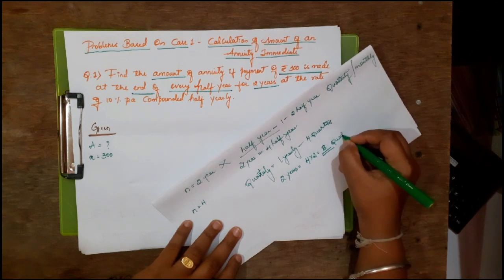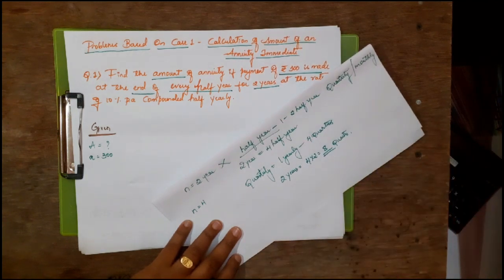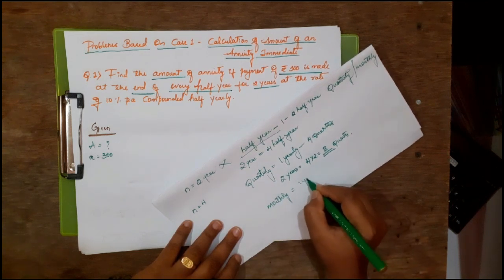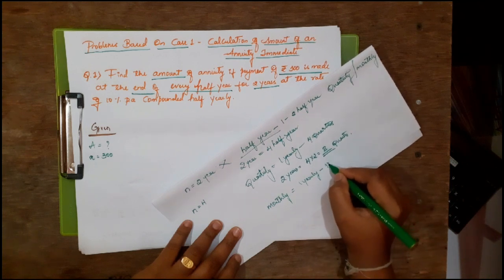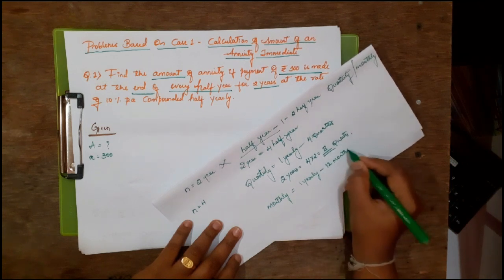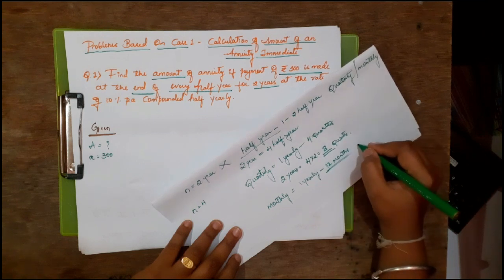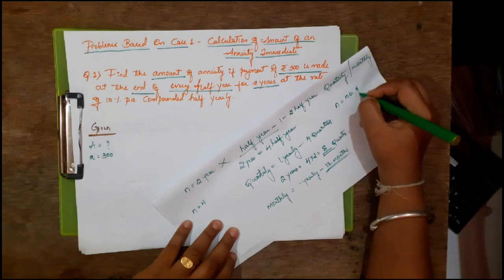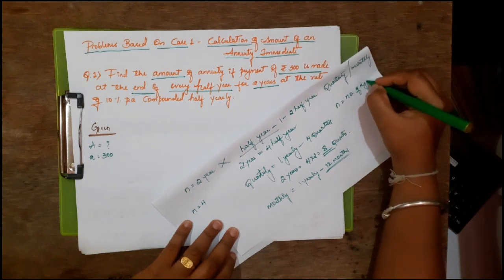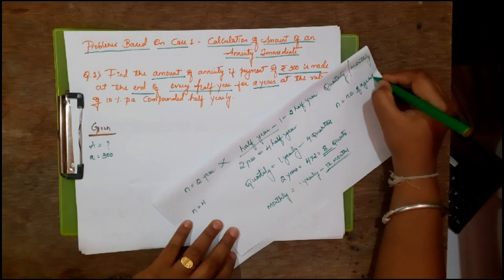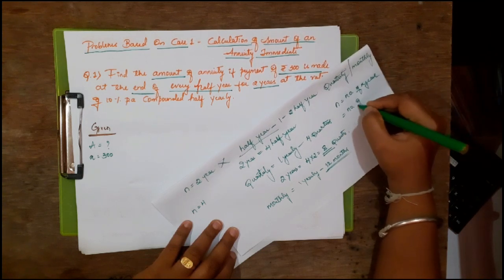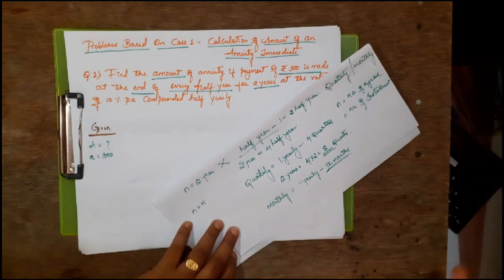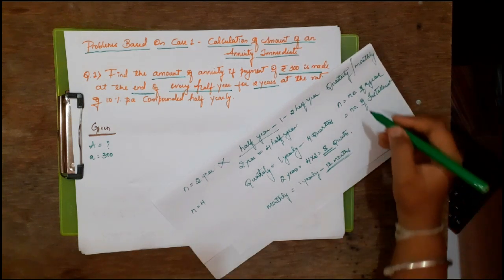That means 8 installments you are paying. And if we are considering monthly, in 1 year how many months do we have? 12 months, right? So 12 payments you are making in a year. So n is number of years, and you can also take it as number of installments for better understanding. How many installments you are making payment, that will be your n.